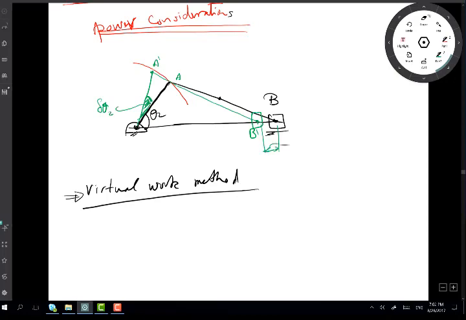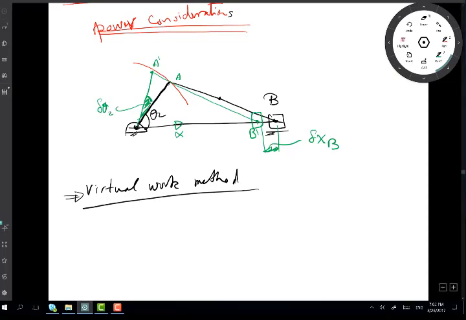This displacement is going to be delta xb. From my velocity analysis, I know that I have some displacements. We actually looked at this in the context of computational kinematics, these infinitesimal displacements.